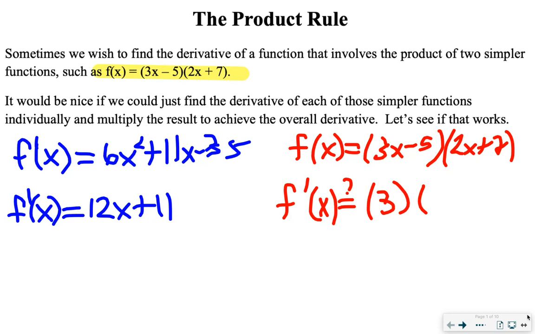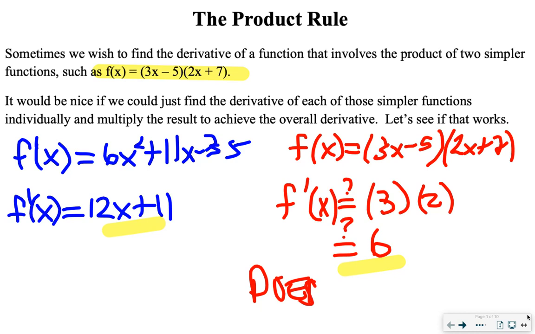The derivative of 2x plus 7 is just 2. And I'm getting the derivative is equal to 6. Clearly, they are not equal. So clearly that does not work, unfortunately.